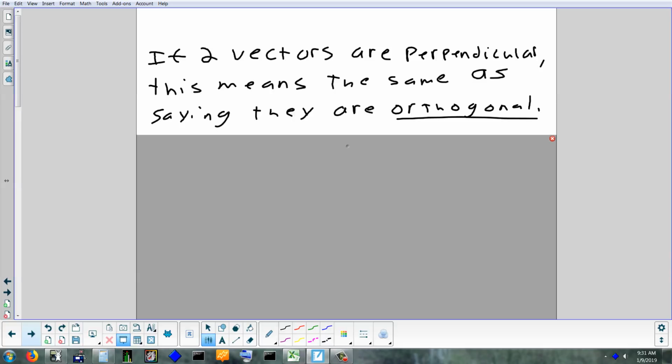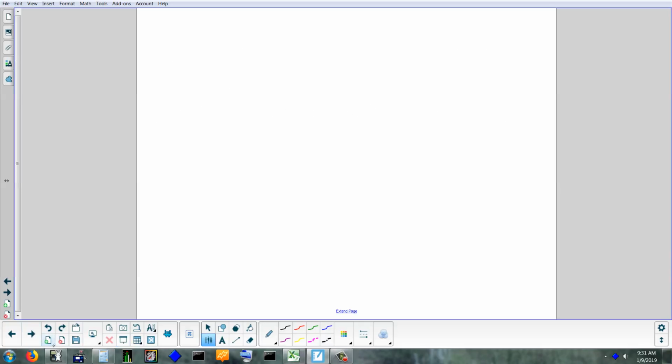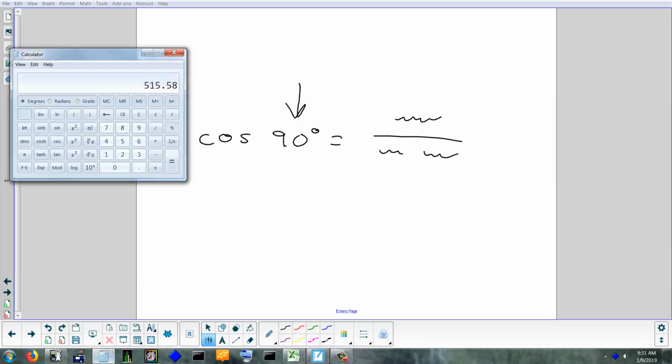Now, there's actually a shortcut to check if the angle is 90. Let's say that the angle came out to 90. You'd have a dot product on the top and two magnitudes on the bottom, and somehow you do that all out and it comes out to a 90-degree angle. Well, let's see what the cosine of 90 is.